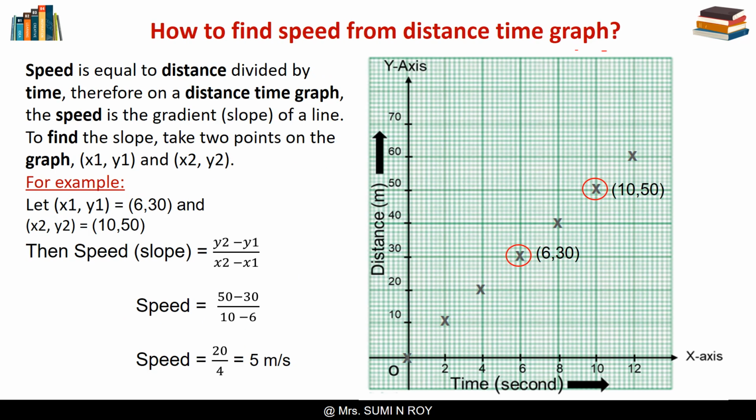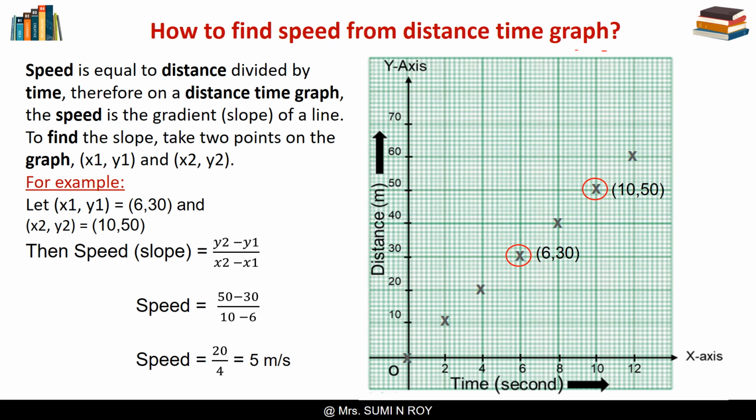Now let us see how to find speed from distance time graph. As we already know, speed is equal to distance divided by time. Therefore, on a distance time graph, the speed is the slope of a line. To find the slope, take 2 points on the graph, x1, y1 and x2, y2.